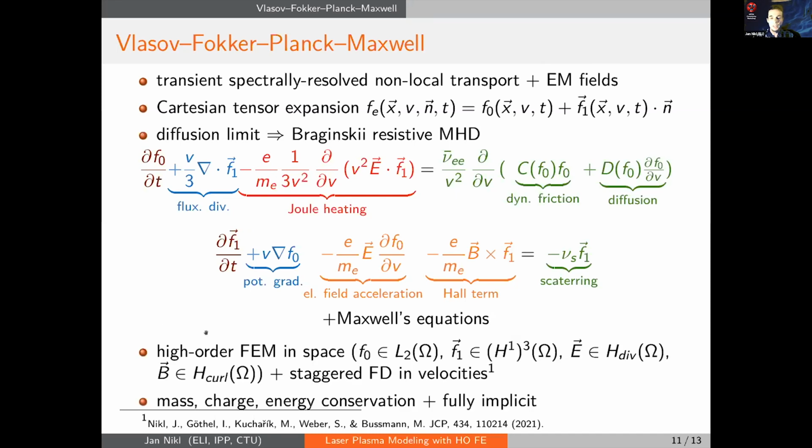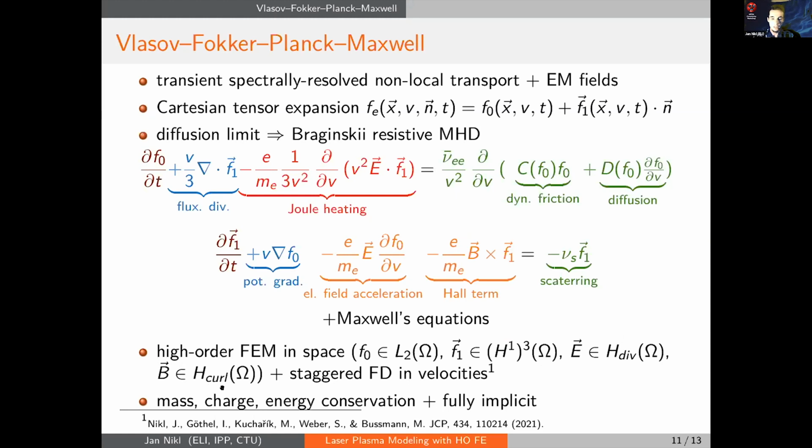On the numerical side, again, finite elements of arbitrary order, where we use L2 elements for F0, H1 for F1, and somewhat unusually, HDiv finite elements for E and H-curl for the magnetic field.